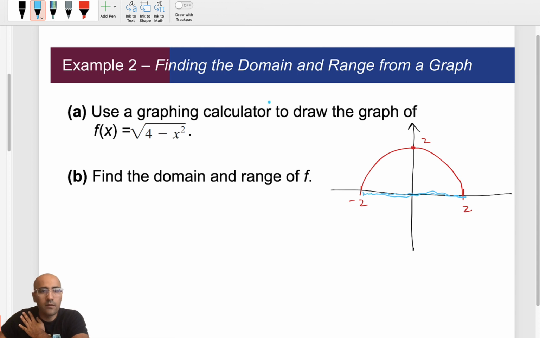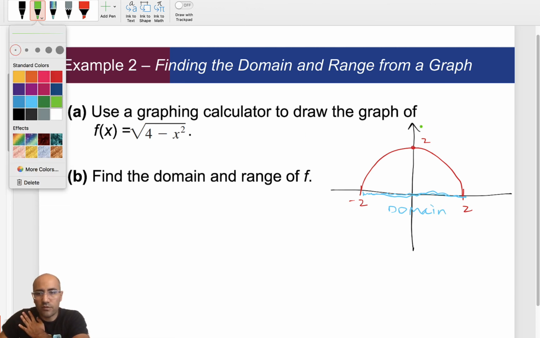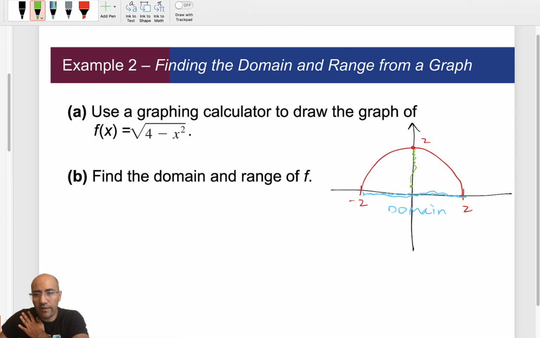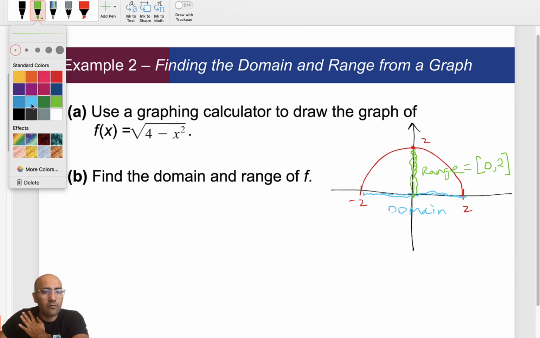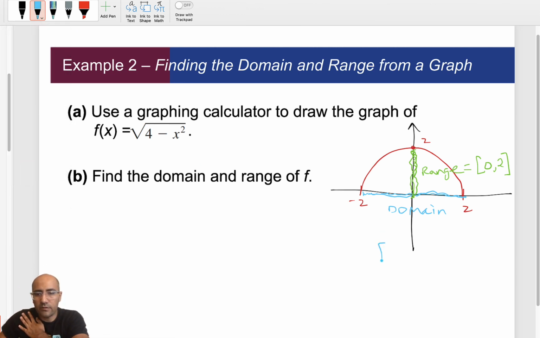That's the domain. And then the range is going to be all the possible output values that we get, which is going to be all of these values here. So the range is going to go from 0 through +2 inclusive, and the domain is going to go from -2 to +2 inclusive.